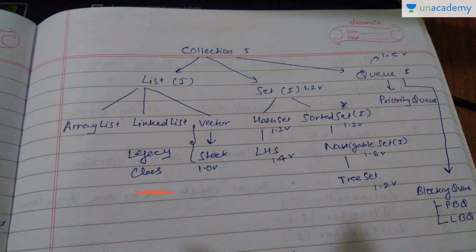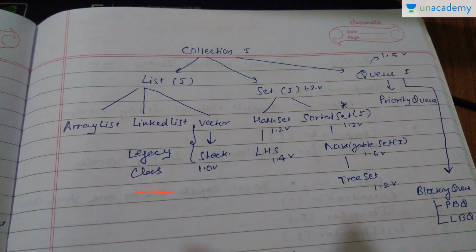In the same way, HashSet and the Set interface came in version 1.2, and LinkedHashSet came in version 1.4. The SortedSet interface came in version 1.2, NavigableSet was presented in version 1.6 of Java, and TreeSet was version 1.2. Similarly, Queue came into the picture in version 1.5.